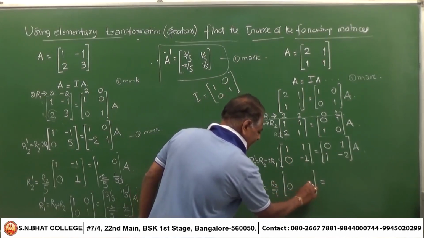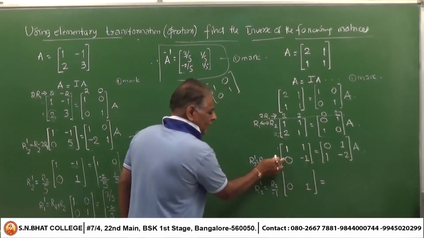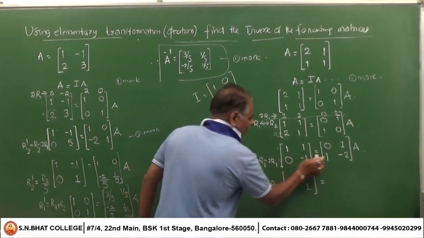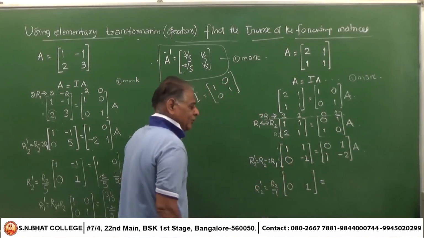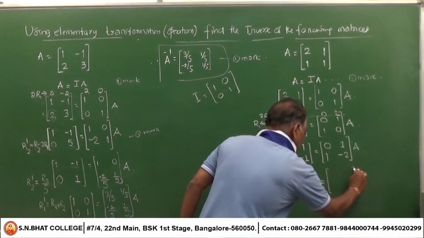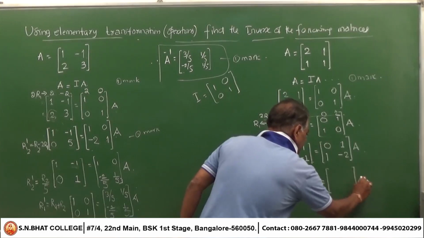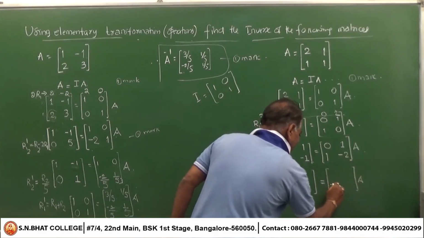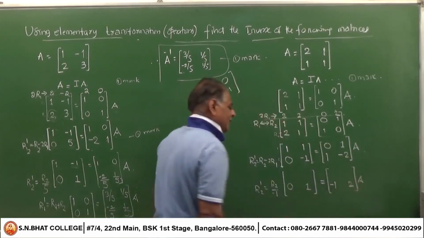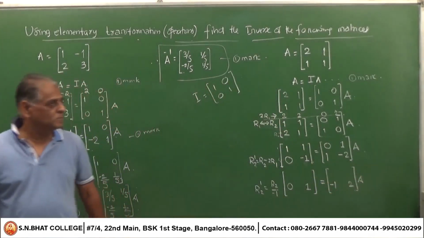Minus 1 divided by minus 1 is plus 1. 0 by minus 1 is 0. On the right hand side, 1 divided by minus 1 is minus 1, and minus 2 divided by minus 1 is plus 2.